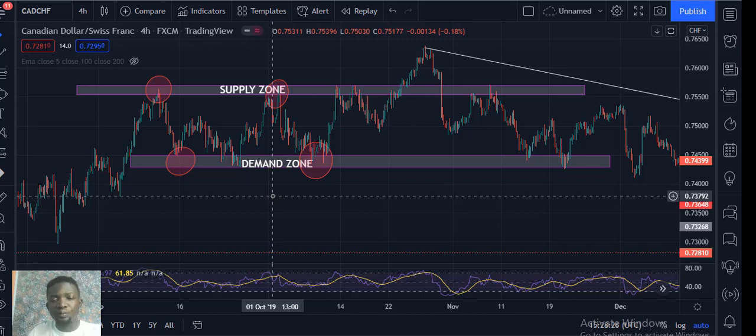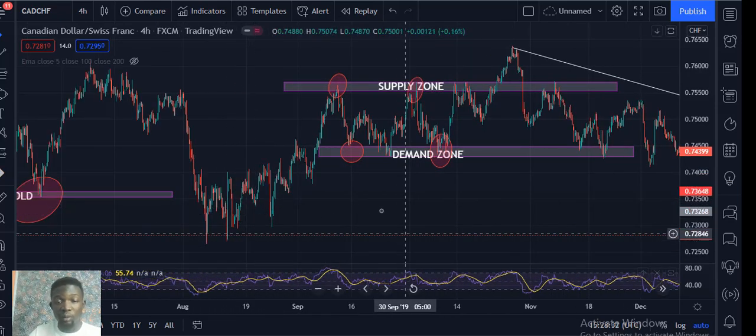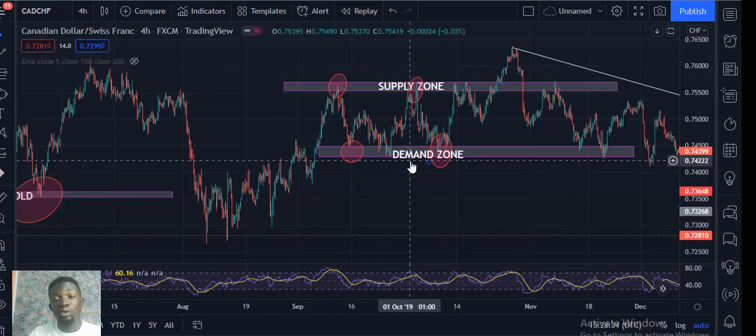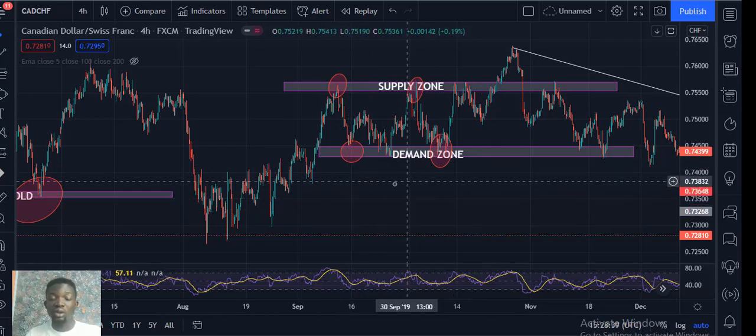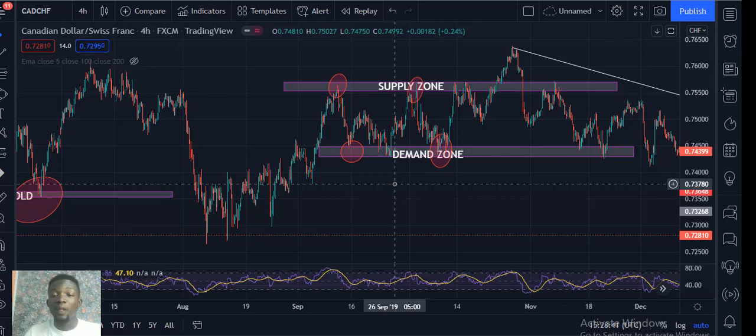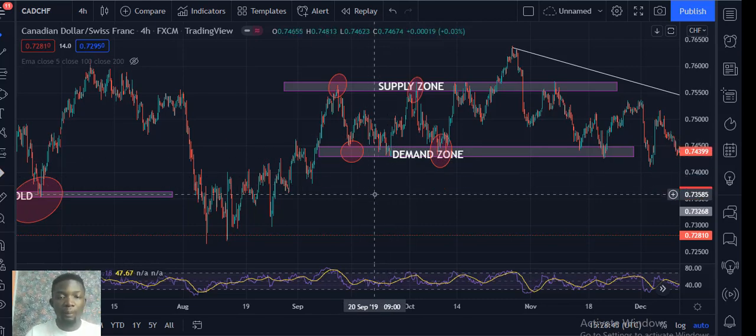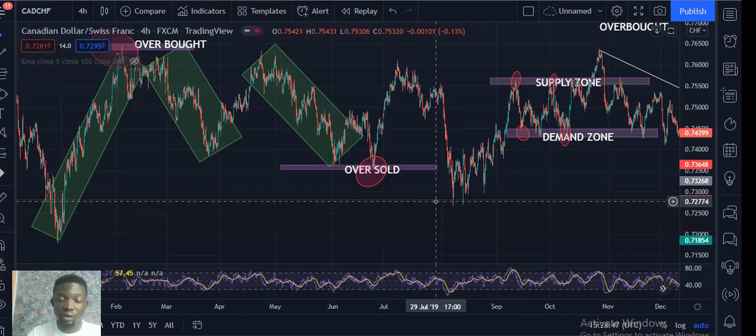Use some other strategy to confirm your entry. Just don't say, because the market has reached this demand zone, the market will go up. No, don't say that, because there may actually be a breakout at that point where you want to place your buy or sell entry.